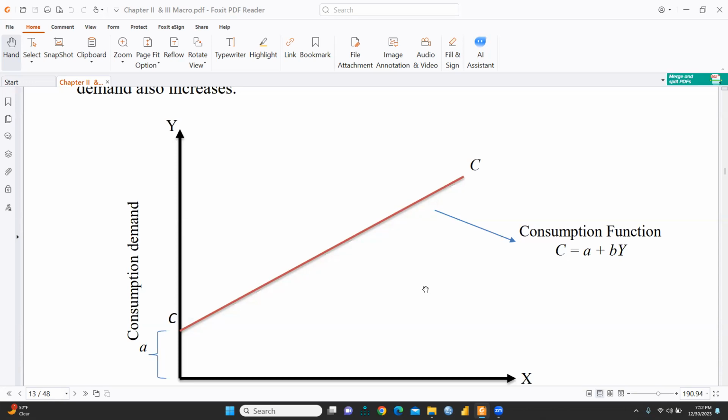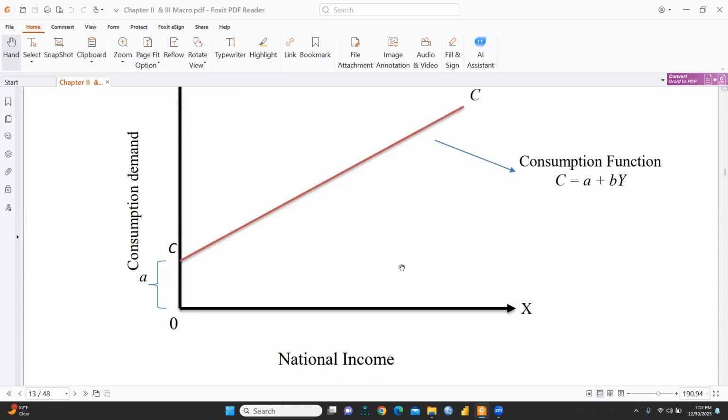He is living with his parents, or if he is living in a hostel, somebody is paying for the hostel rent, food and lodging. So we can say this is autonomous consumption. This person's income is zero, but consumption is still there. That is why this consumption function curve starts from this point.